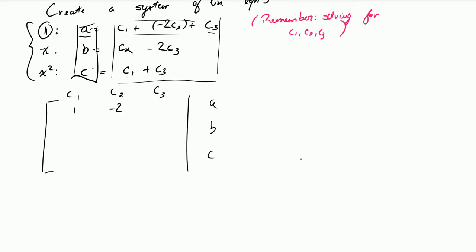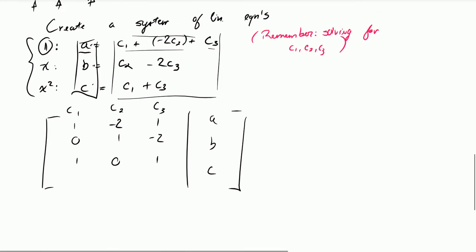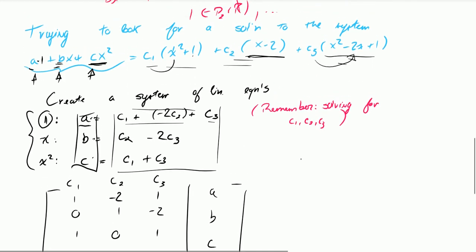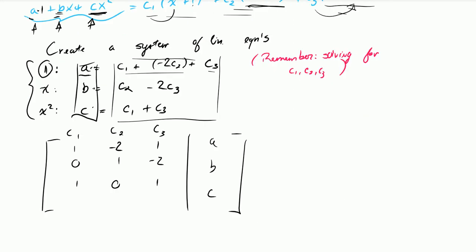Then minus 2c2, then 1c3. Then 0c1, 1c2, minus 2c3. And then 1c1, 0c2, 1c3. Okay, now I'm just solving. I think I might have made a mistake somewhere. Okay, actually no, there's no mistake. Sorry about that.